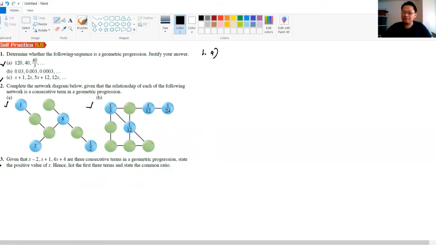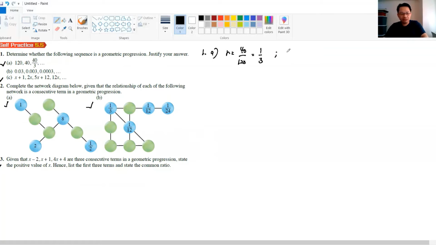So we want to determine whether the sequence given is a GP or not. I told you, you need to find R. So R for the first question is 40, the second term, divided by the first term. You are supposed to get 1/3 here, right? So 40 divided by 120, so 1/3. Now how about the third term divided by the second?